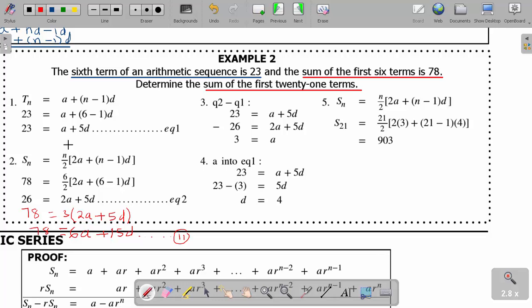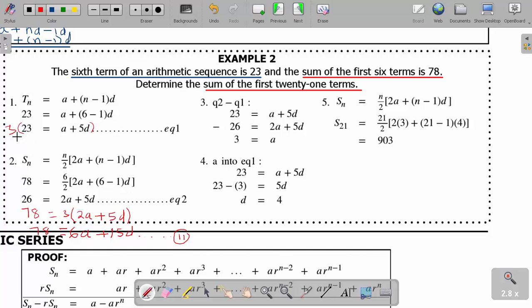Because this is a and this is 6a, and this is 5d and this is 15d, let me eliminate the d's first. I can multiply here by 3. It's going to be 3 multiplied by 23, and then everything here.